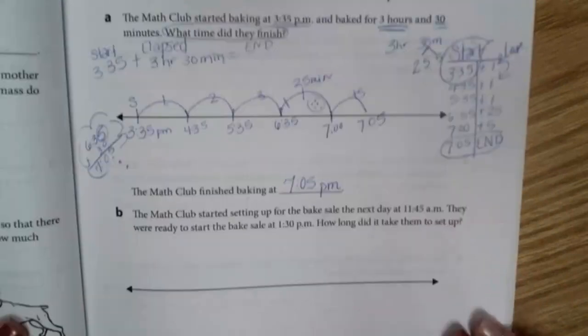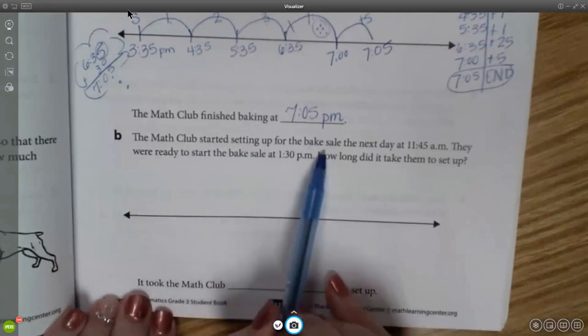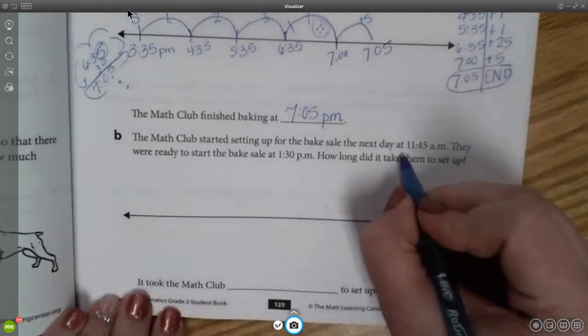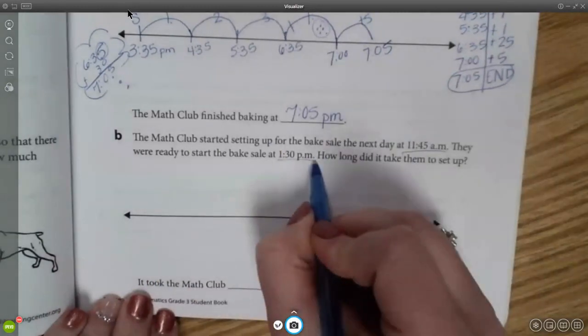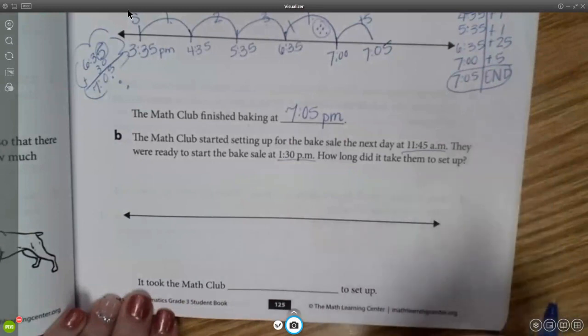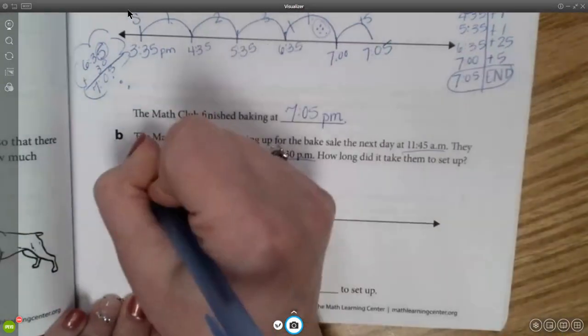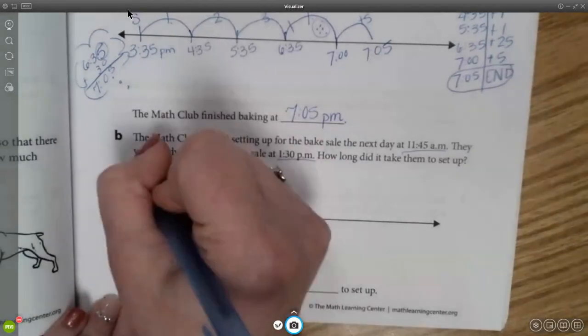And we're going to go to the last one. The math club started setting up for the bake sale the next day at 11:45 a.m. They were ready to start the bake sale at 1:30 p.m. How long did it take them to set up? So this time we've got the start and the end, but we don't know what's in the middle. Okay, we're missing that elapsed time.